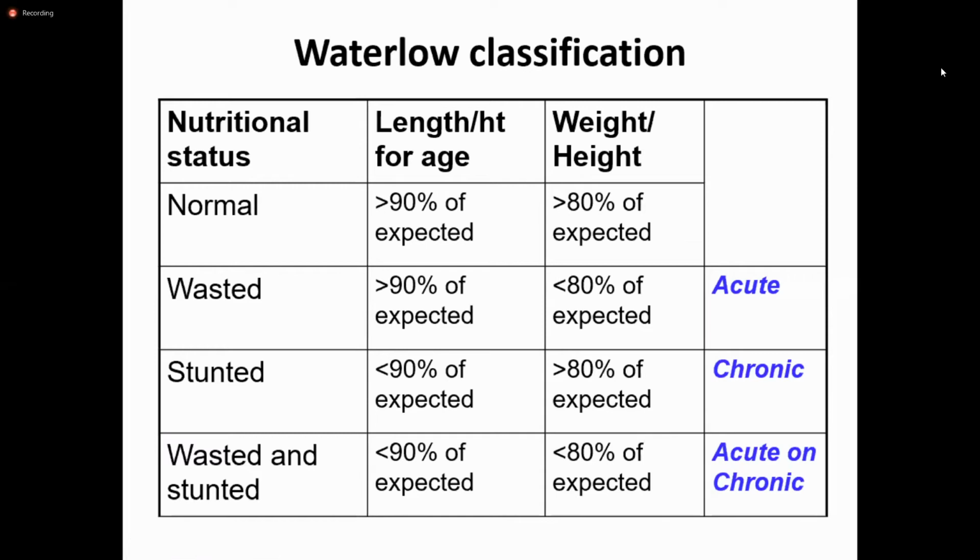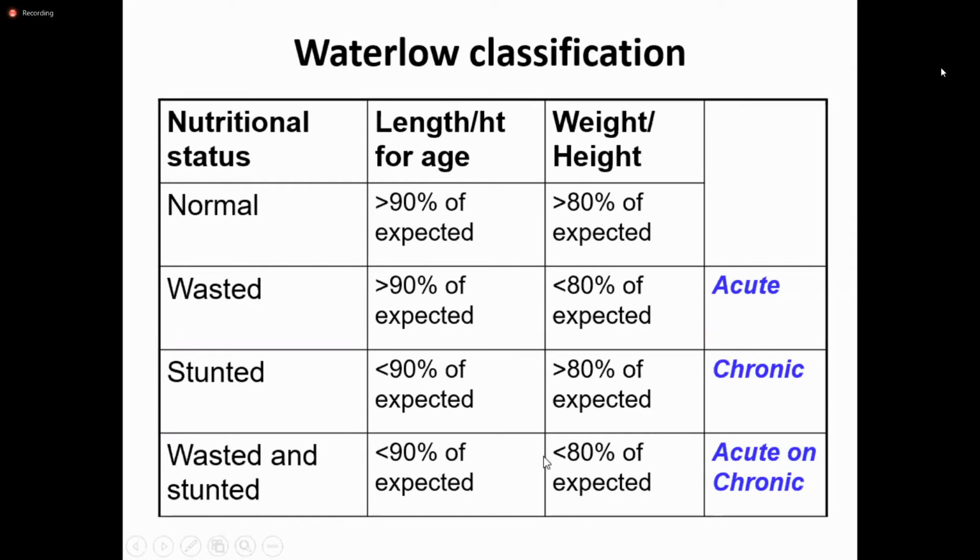So whatever disease is occurring, the malnutrition process has occurred for a very short period. Whereas if a child is stunted, so height is low and weight is normal, it indicates chronic malnutrition. So this process has been going on for a long time.